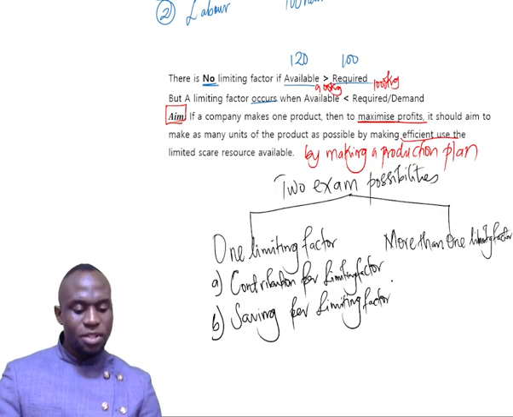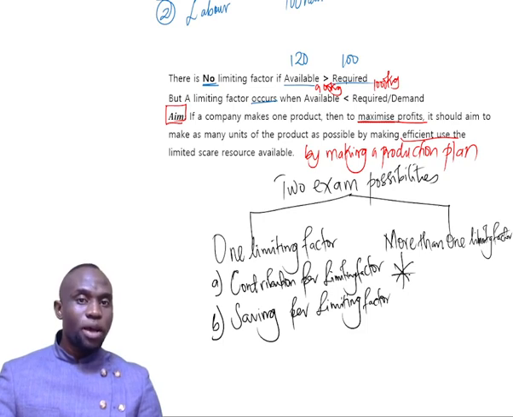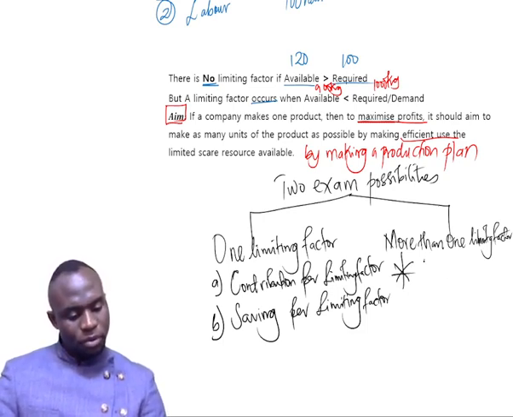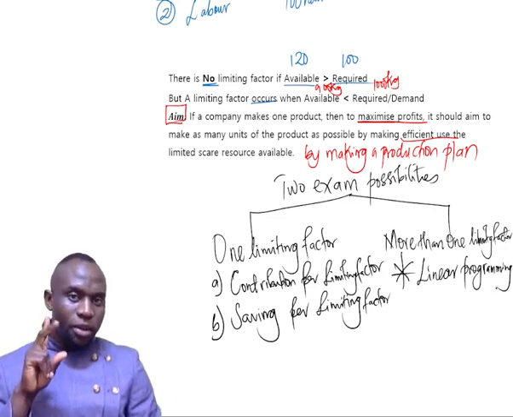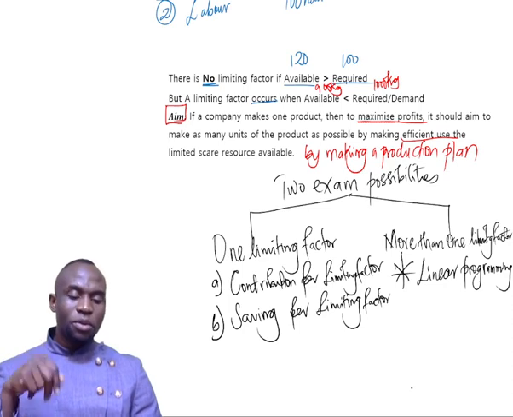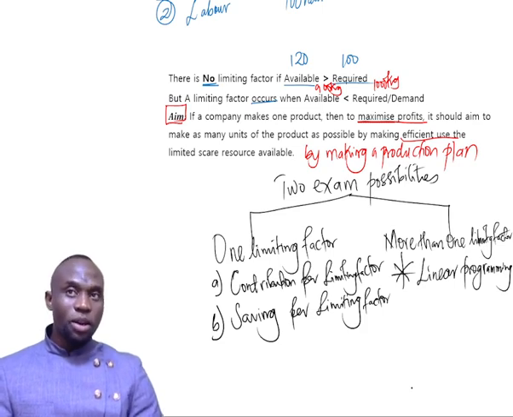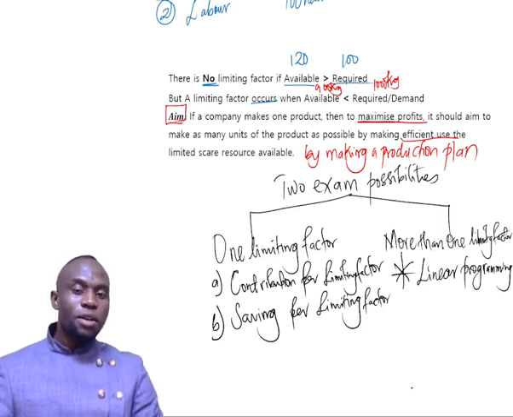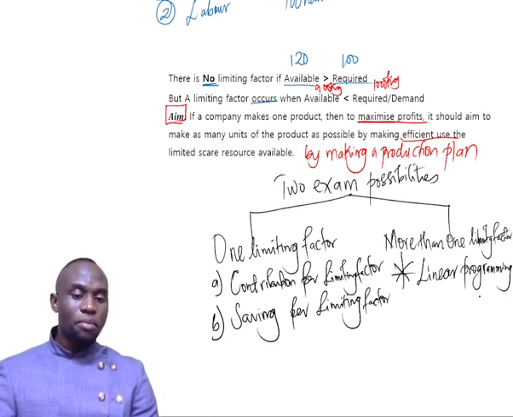We are going to look at this, but for multiple limiting factors, you get the optimal production plan by using what we call linear programming. So one limiting factor, two cases: it can be contribution per unit or saving per limiting factor to get the optimal production plan. But for more than one limiting factor, the optimal production plan can be obtained using a technique of linear programming.